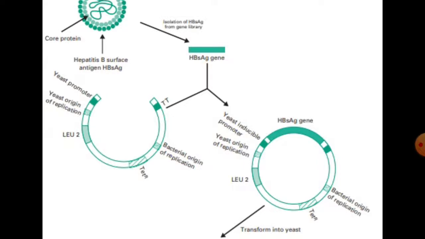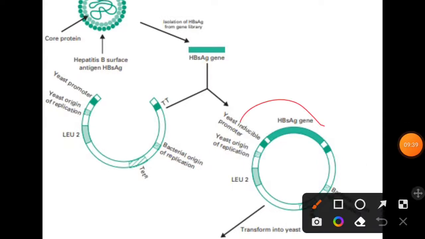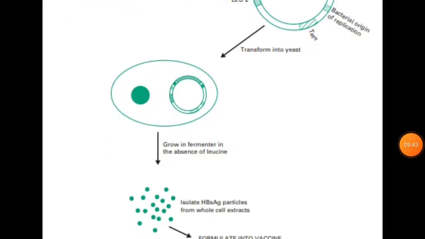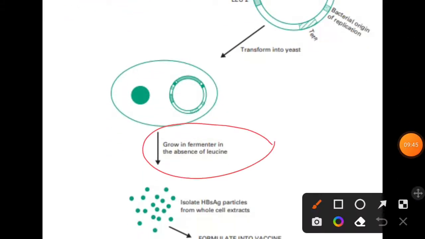Then we will insert the hepatitis B surface antigen there and transform them into yeast. Then we will allow those yeast to grow in the fermenter in the absence of leucine. Then we will isolate hepatitis B surface antigen.